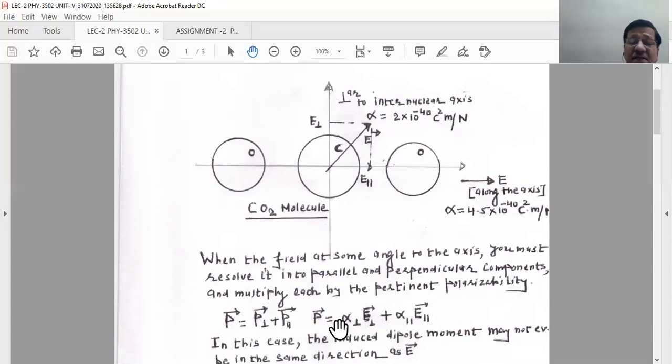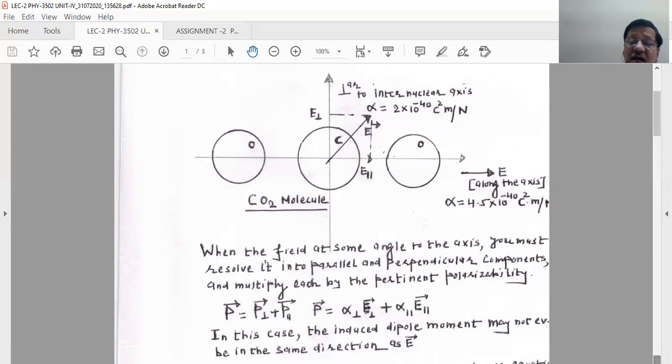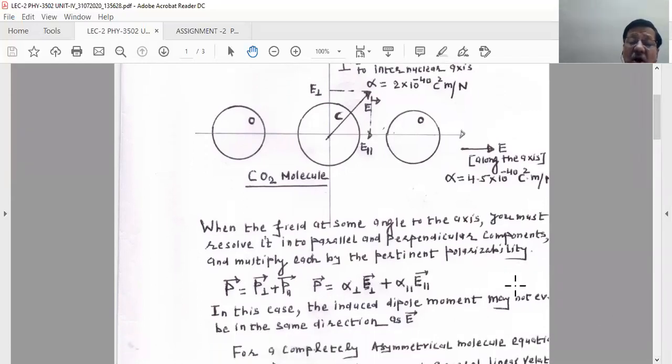This is the relationship you observe when your vector makes angle theta. In this case, please remember that the induced dipole moment may not even be in the same direction as the electric field.